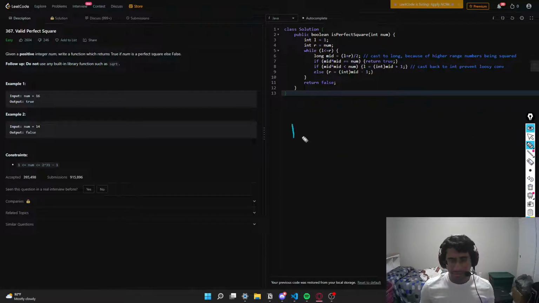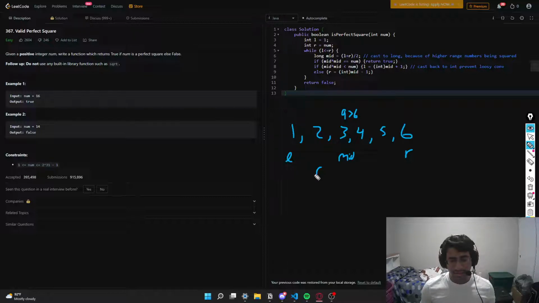Let's do one more example. Say 1, 2, 3, 4, 5, 6 for an input num of 6. Obviously we know that 6 is not a perfect square, but we want to try our algorithm. So this is left, right, and then the midpoint would be here. Mid. So we know that 3 squared is 9, which is greater than 6. So this is going to be R, since we want to get a lower value.